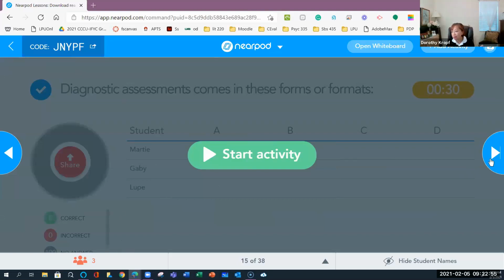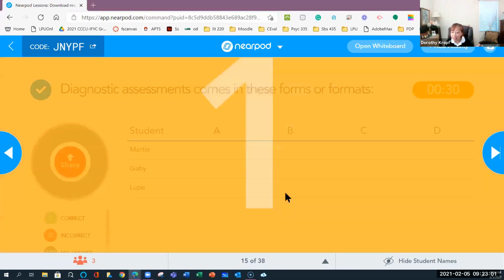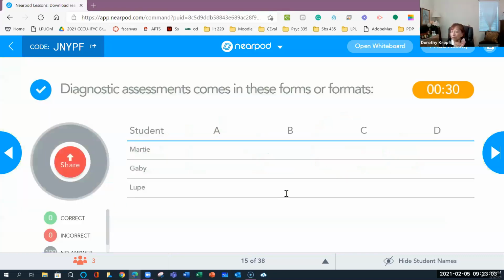Diagnostic assessments come in these forms or formats. It is like a poll, so that's good.